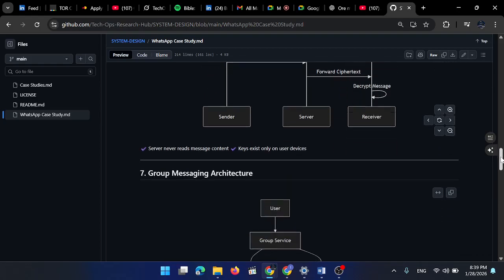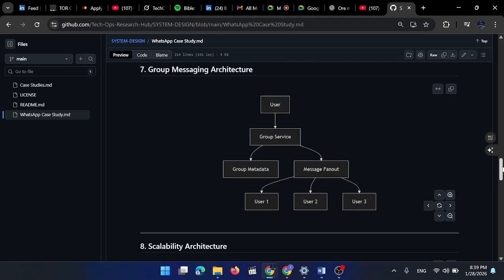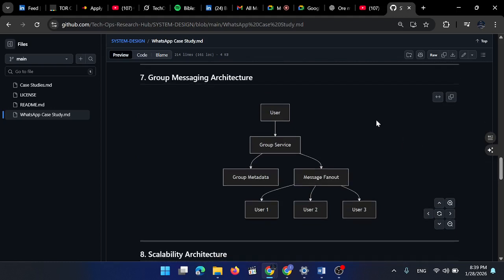There's also what we call group messaging architecture. We're talking about how you can send a message to a group and be able to read all the group chats of all the people who are chatting or sending text messages there. First of all, you realize that you as the user are part of that group.